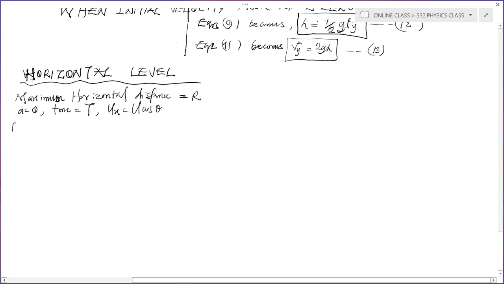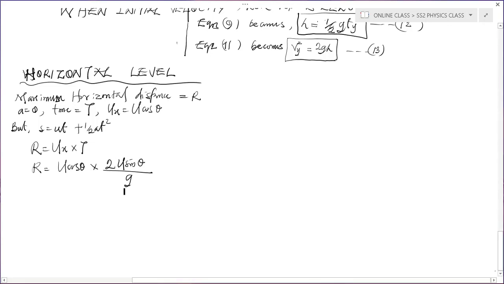In this case, s equals ut plus half at squared becomes R equals ux times T, which means that we have R equals u cos theta times 2u sin theta all over g.